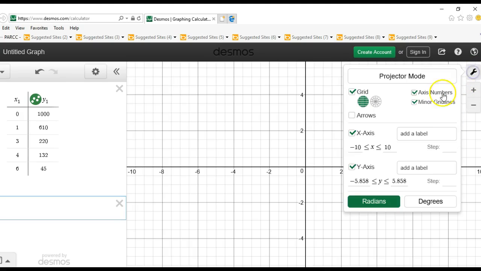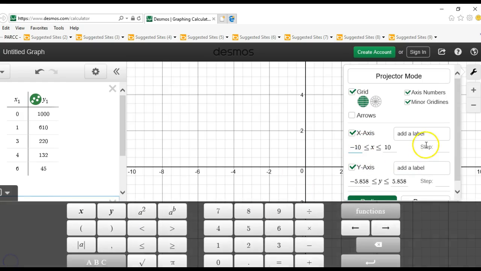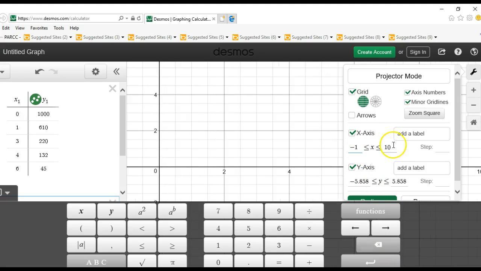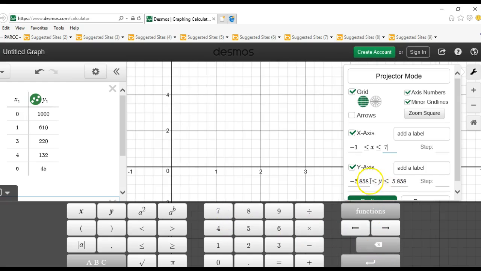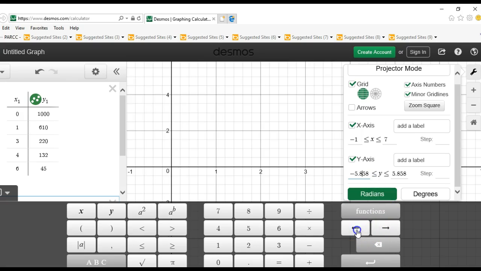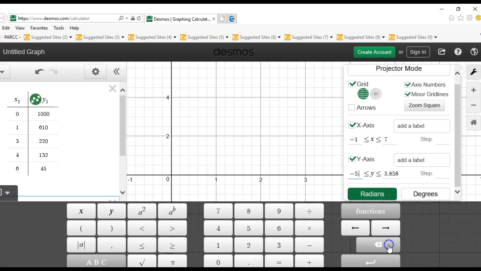So if you go to this wrench, you can mess with exactly what you want your x value to see. So let's see, from -1, and my highest x value is 6, so let's go to 7. For my y value, go from 45 to 1000.